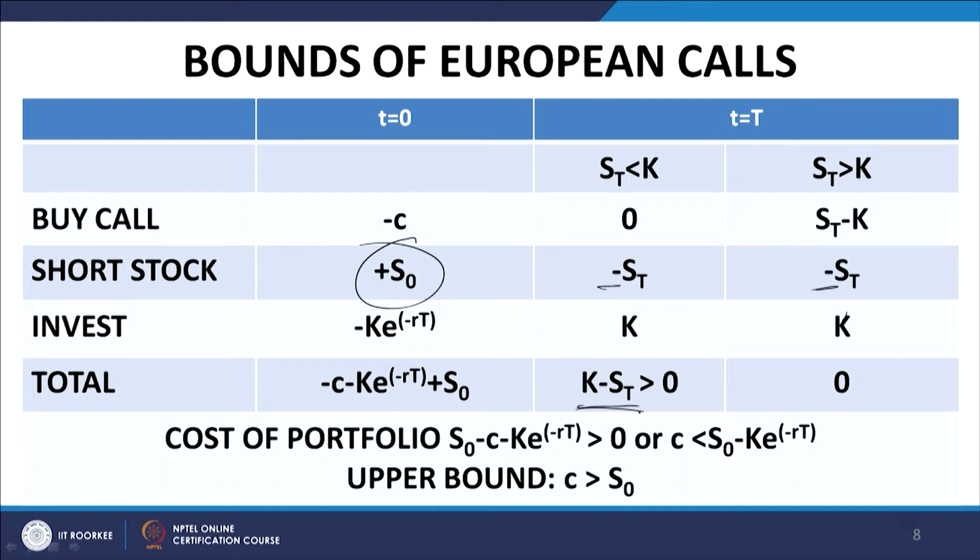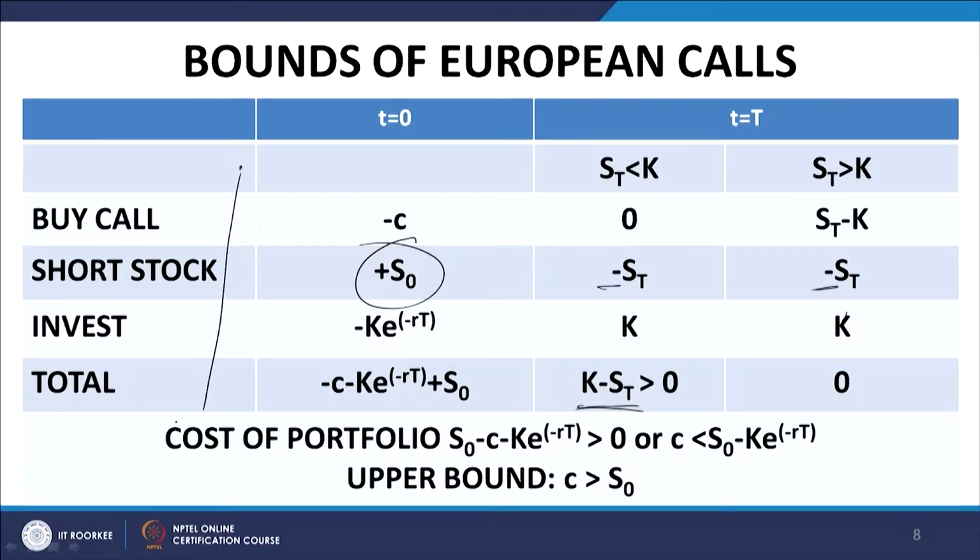So, at T equal to capital T, which is the maturity of the option, we have two possible states. There is one state at which the cash flow is 0. There is the other state at which the cash flow is positive. There is no state at which the cash flow turns out to be negative.